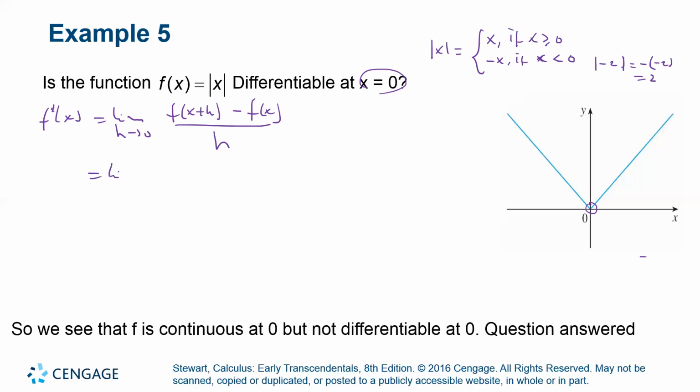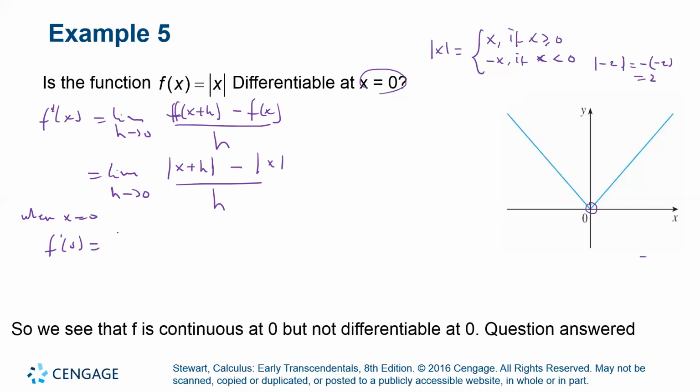Now let's do some algebra here. So f of x plus h means that I have to find the absolute value of x plus h minus the absolute value of x, divided by h. Now we want to find, when x is equal to 0, what is f prime at 0?